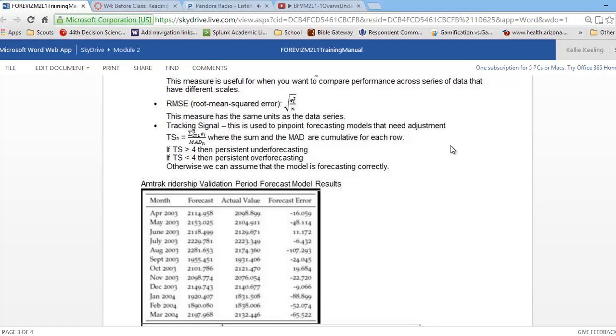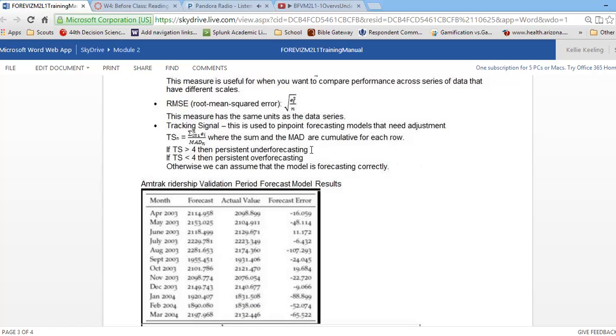Another thing I'm sticking in here, this isn't in the text, is the tracking signal. This is used to look at forecasting models along the way to track if things are starting to get out of hand, if things are predicting either too high or too low. So what we can do is create the tracking signal by looking at the sum of all of the errors up to a certain point, as well as the mean absolute deviation up to a certain point, which would be like a certain place that we are actually forecasting.